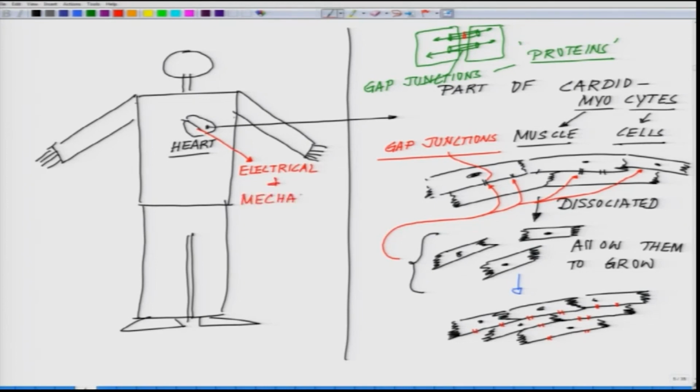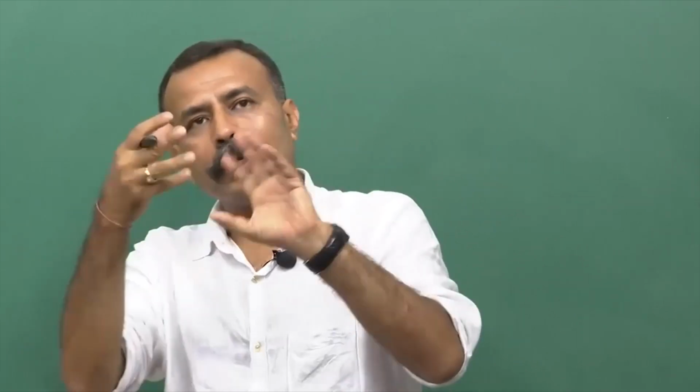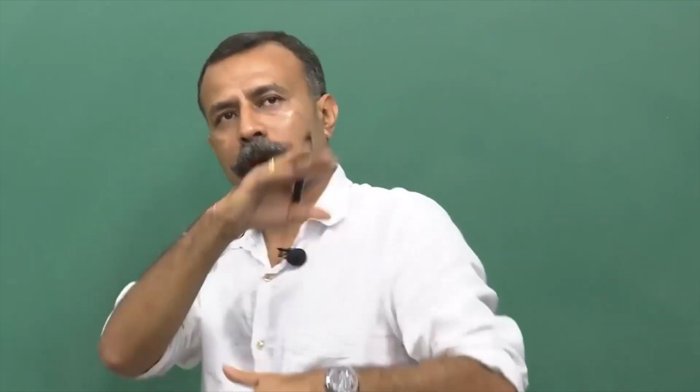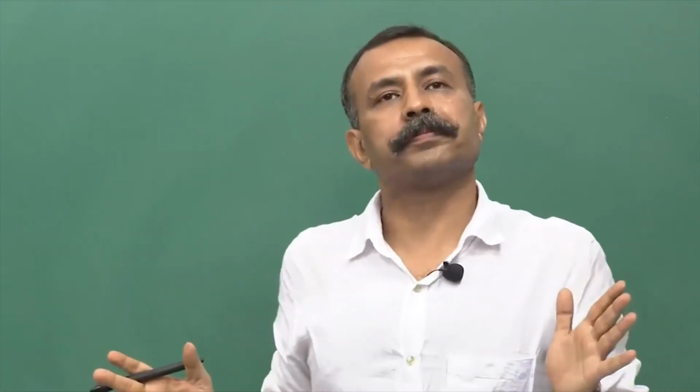When I talk about mechanical function, I mean the beating. And this electrical function and the mechanical function are coupled with each other. They are not independent things. They are all interlinked. If there is an electrical impulse, it will lead to the mechanical vibration or beating, whatever you call it.